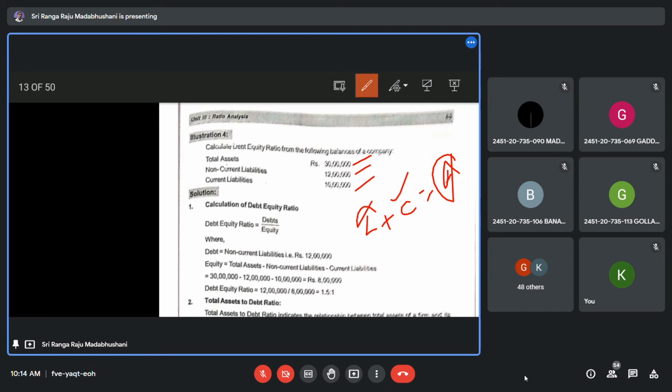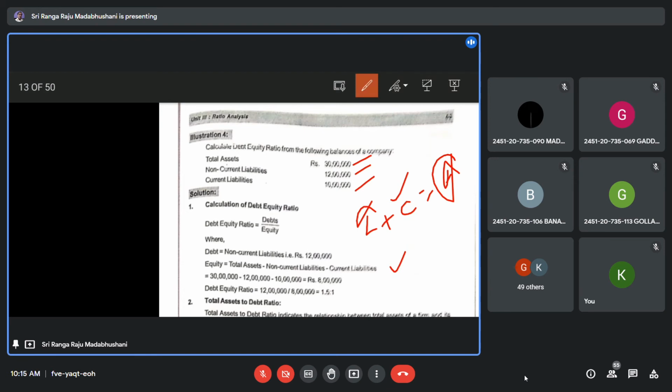So here total assets, current liability and non-current liabilities are given. From total assets, if you subtract the non-current liability and current liability, then you will get the owner's fund.